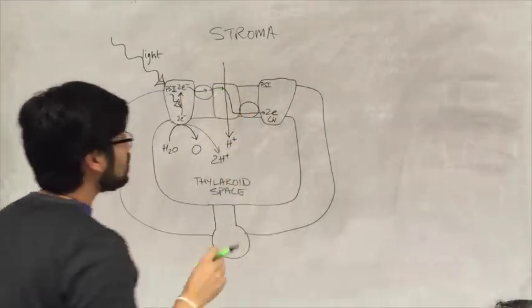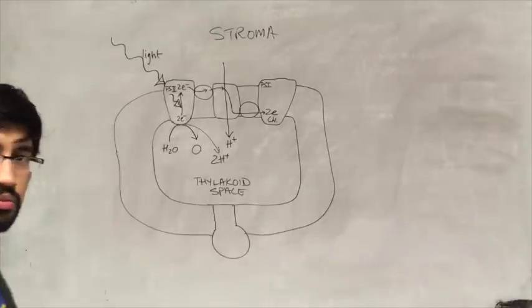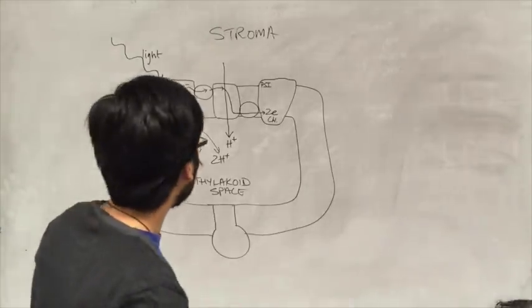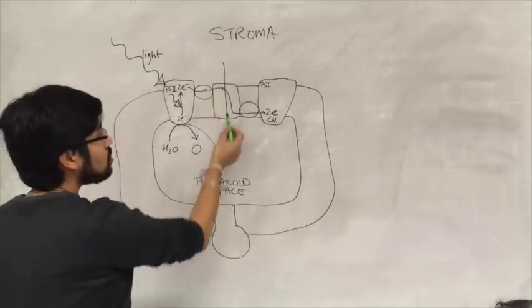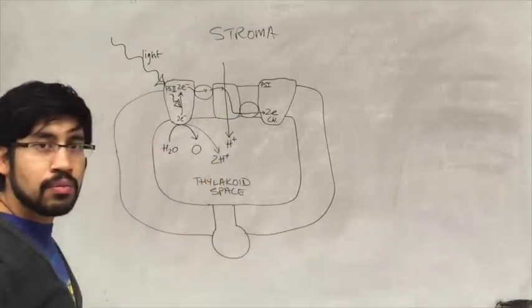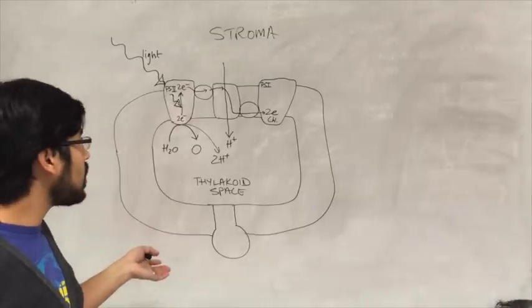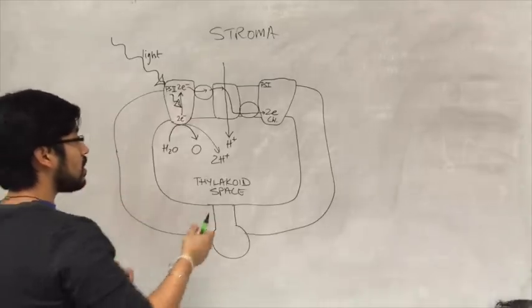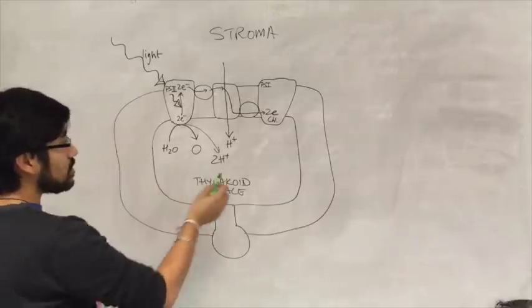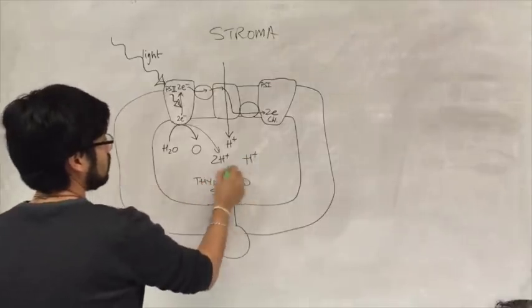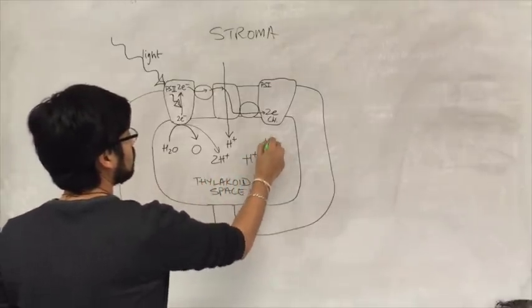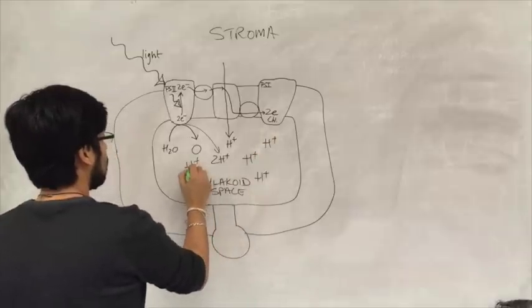But what we need to mention here, and we're going to take a sidetrack here, is, well, why did we bother to pump this proton into the thylakoid space? What was the point of that? The point is that we have a vested interest in building up a proton gradient.